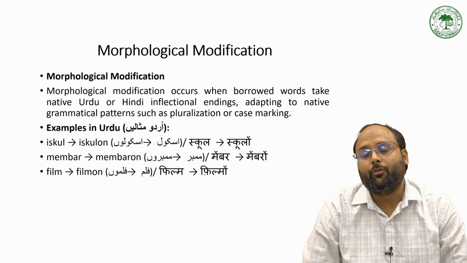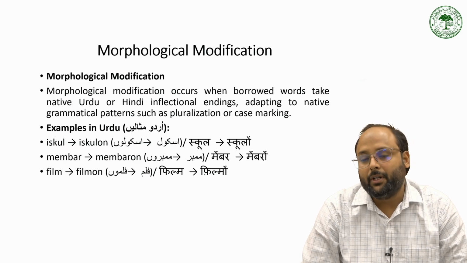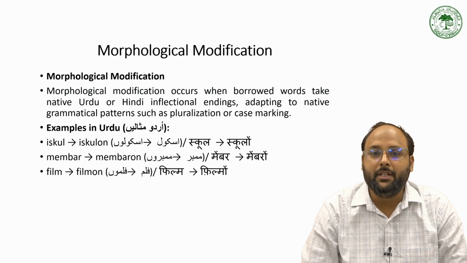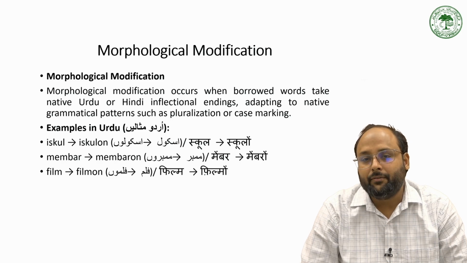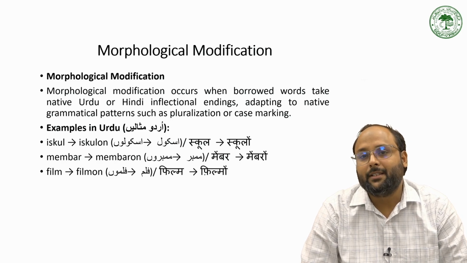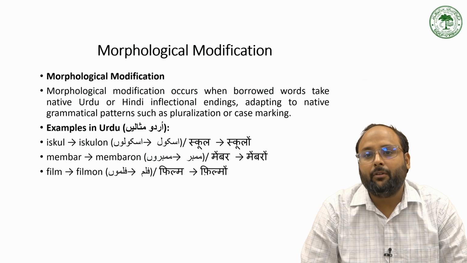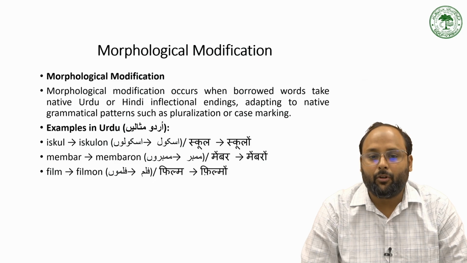And we have some morphological modification also when we borrow some words from foreign languages. Morphological modification means we can add a plural suffix from our languages, or a past suffix, or a dative marker, or some types of postposition from our languages.